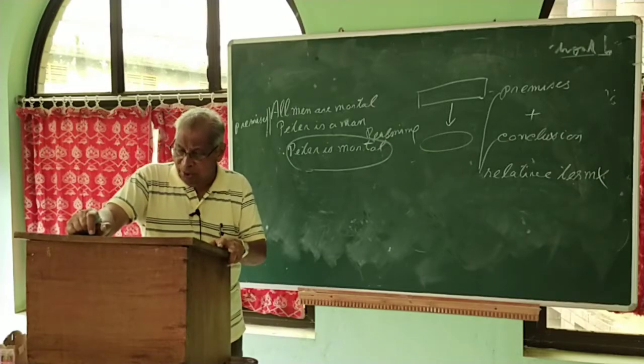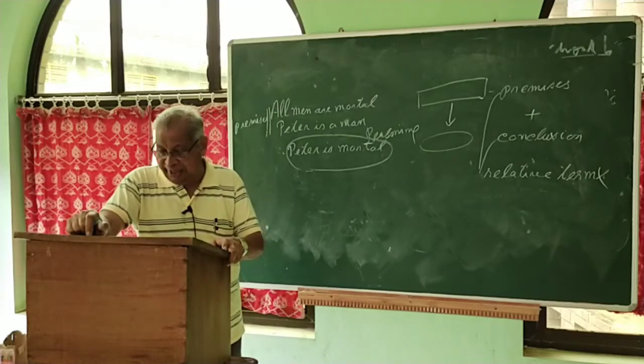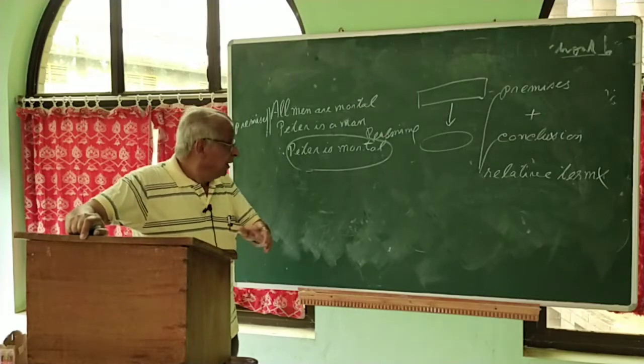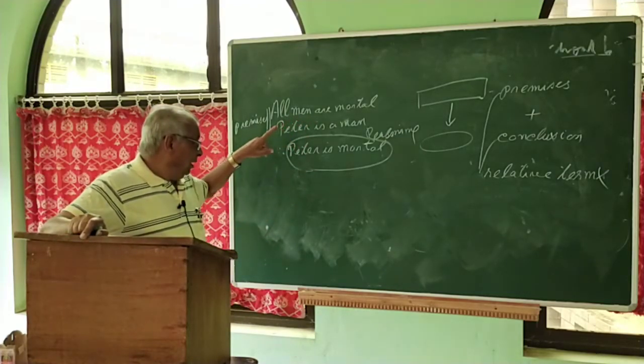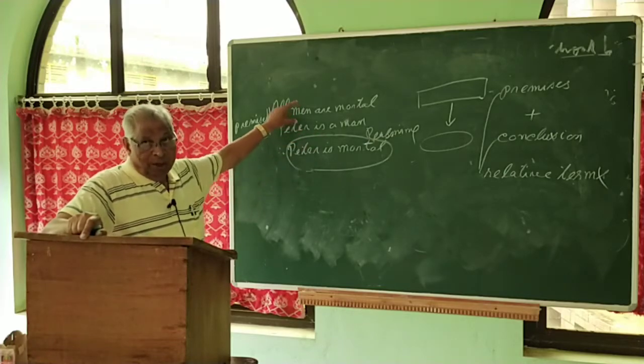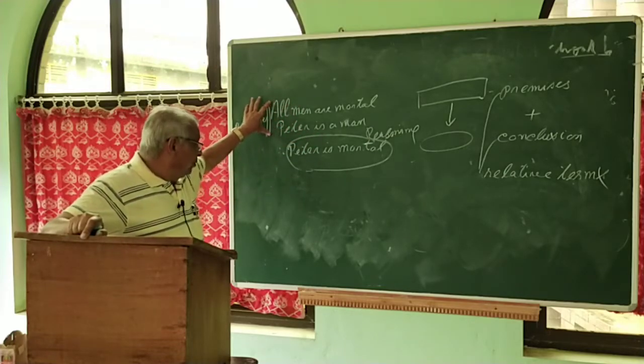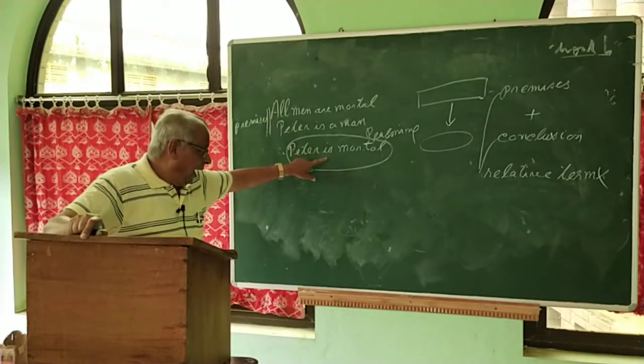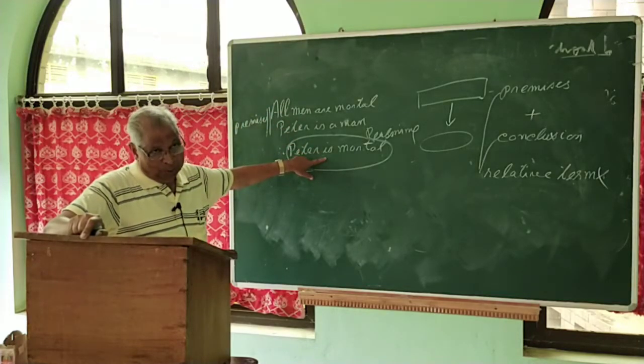So also for the premises, there are indicators. Since all men are mortal and Peter is a man, Peter is mortal. Because of these factors, I am able to arrive at this conclusion.